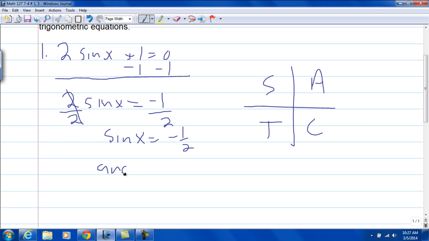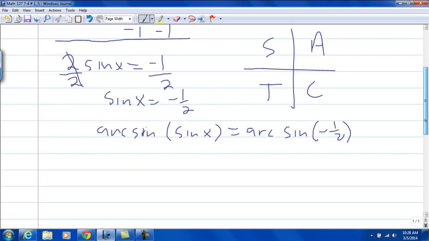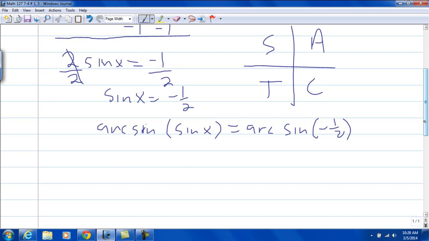Arc sine of sine of x equals arc sine of negative 1/2. And I know you could put in the calculator, it's probably going to give you, depending on what you have, a decimal or a fraction. So that's going to give you x equals, but you might know this value as well. So that's going to be negative pi over 6.